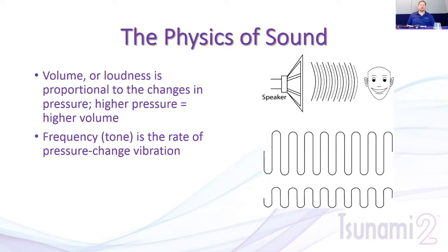If you look at the diagram, the two lower squiggly lines are the same frequency, and the frequency is the amount of space between each air pressure wave. You see that they're the same, but the top one is higher pressure than the lower one, so that wave is going to be a little stronger and louder.